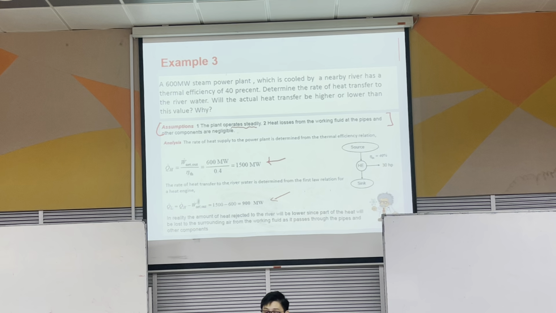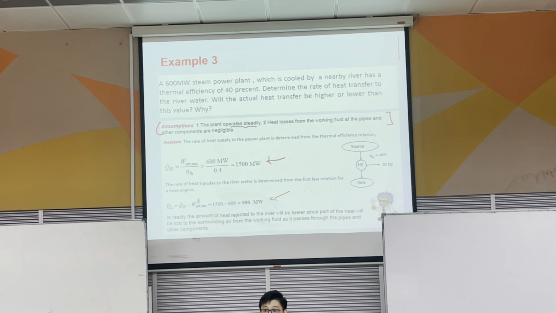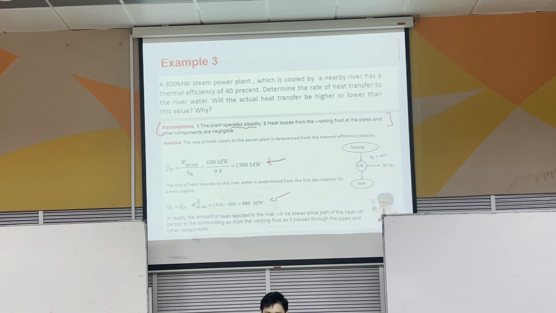In reality, the amount of heat rejected to the river will be lower, since part of the heat will be lost to the surrounding air. You probably would think that this amount will be lower as well, then maybe we will reject more heat.